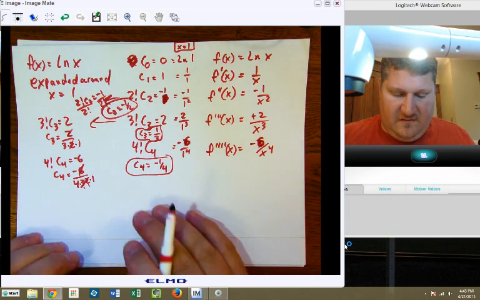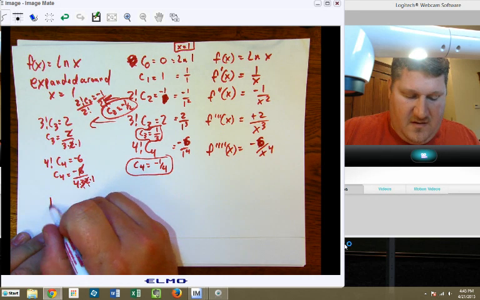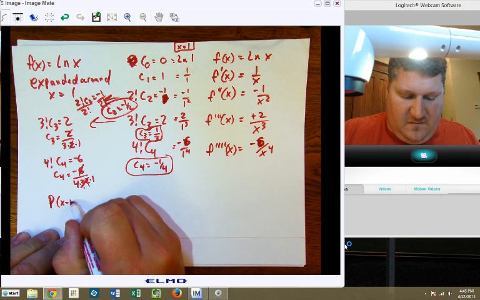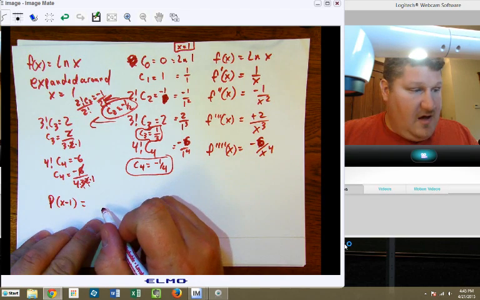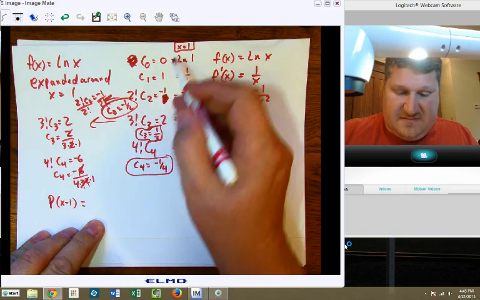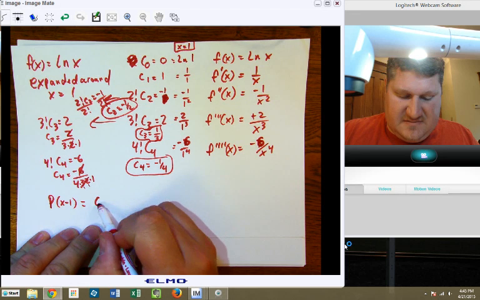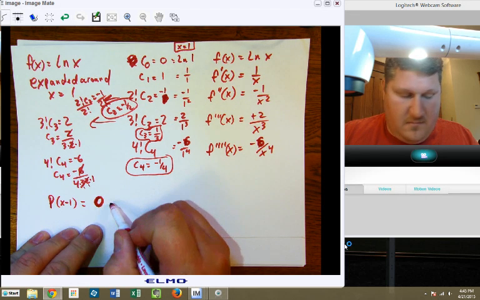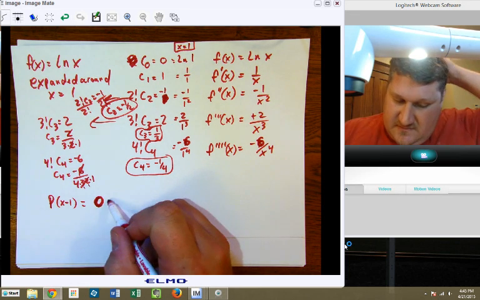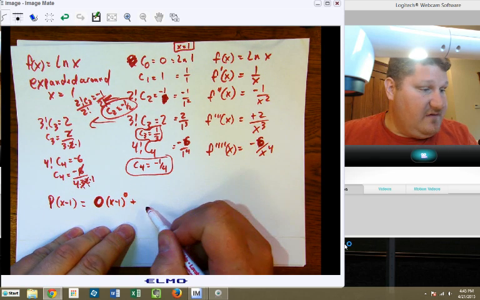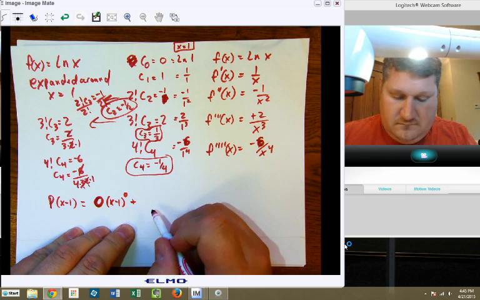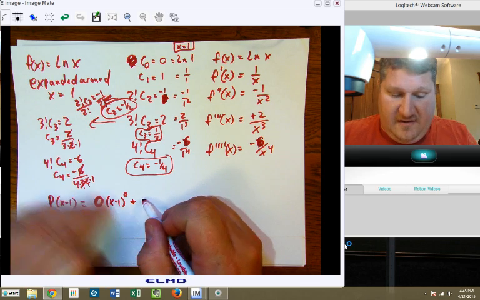That allows us to write the following. P of x minus 1 is going to be the first term, which is c sub 0. Well, c sub 0 is 0 times x minus 1 to the 0, plus we have c1.